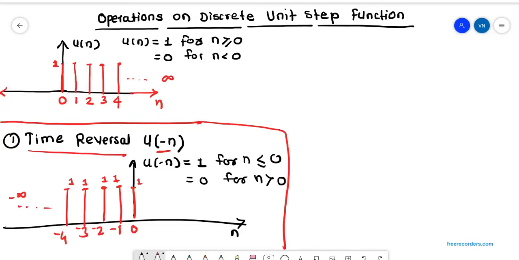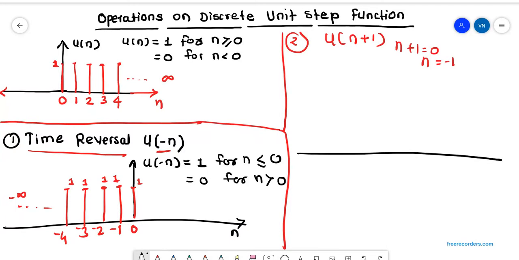Now, the second example that we're going to take. For example, if I want to draw u of n plus 1, how can we draw it? Basically n plus 1 is equal to 0, so n equal to minus 1. We have to shift that signal by minus 1, which is a delayed shifting.